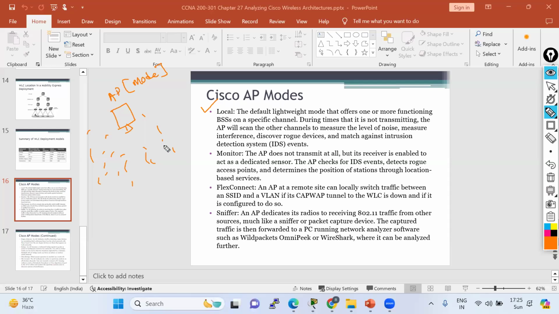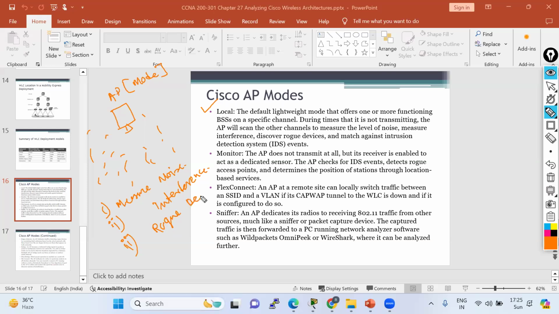There is no client, but still this local mode is going to do something. What is it going to do? The first thing, it is going to measure the noise. Second, any interference that happens is also going to be measured. Any rogue detector. What is a rogue AP?